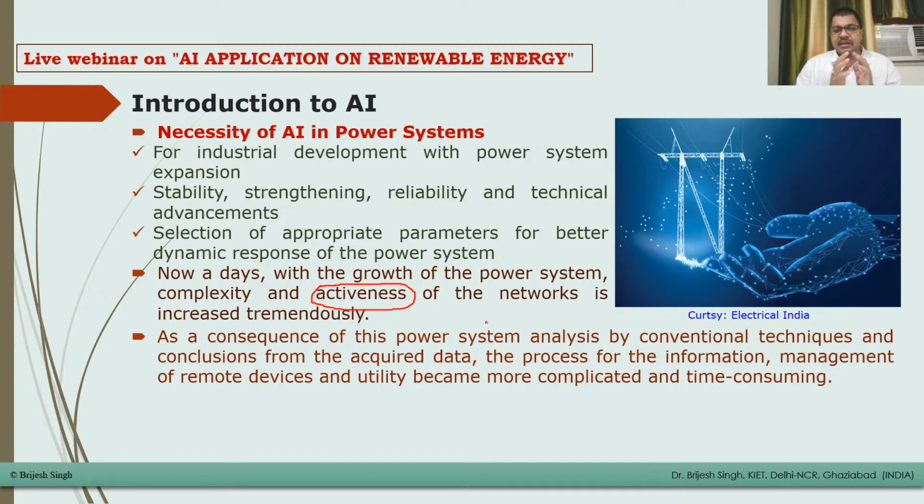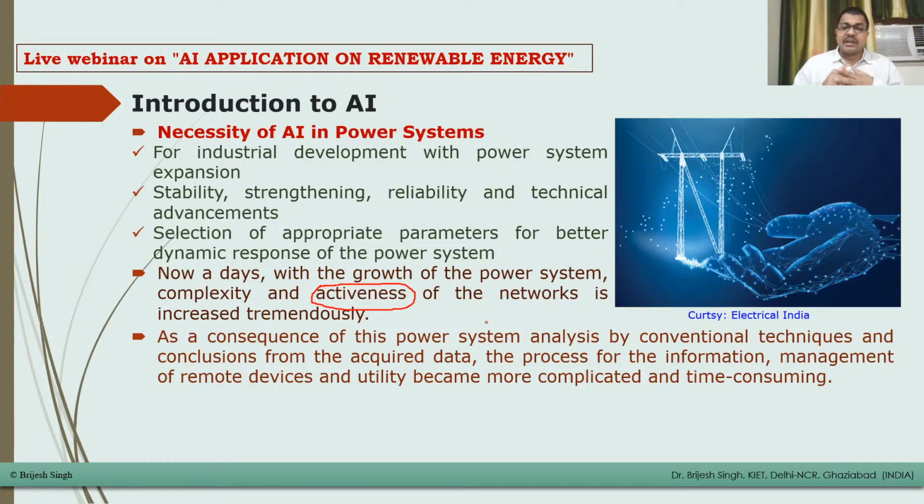In a power system network there is a SCADA system by which you collect data from the different stations. So if you solve the problem on the basis of conventional techniques, calculation methods or simulation techniques, together with your data bank, the process for information management of remote devices and utilities becomes more complicated and time consuming.